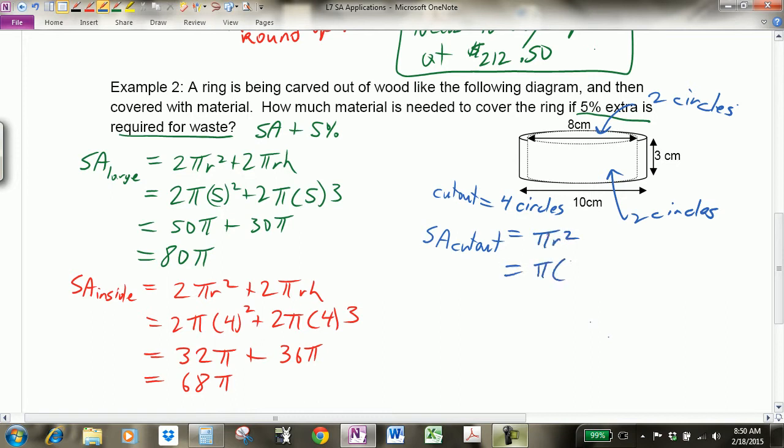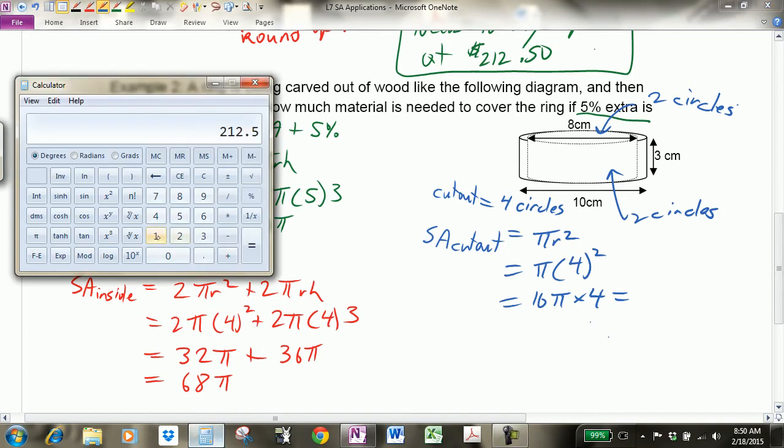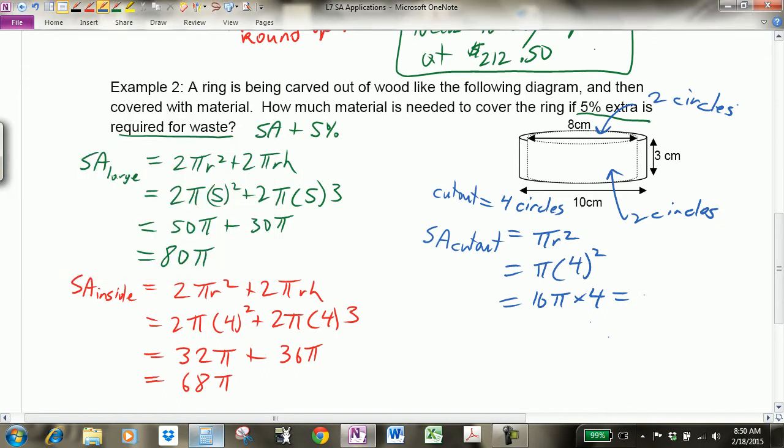Making sure you use the correct radius, you need to use the inside radius. And then times that by 4. So it's 64 pi. Yes?